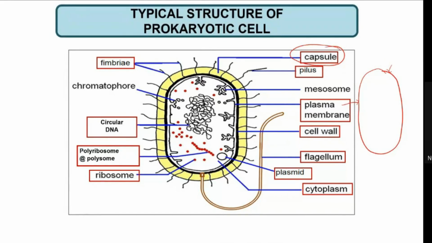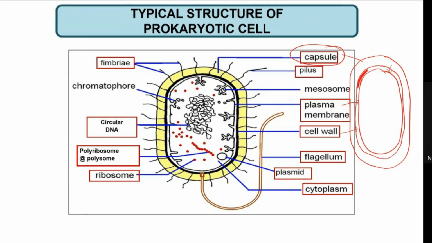And then there is a cell wall surrounding the plasma membrane. And then we have another layer, which is called the capsule. This is the cell wall, okay?